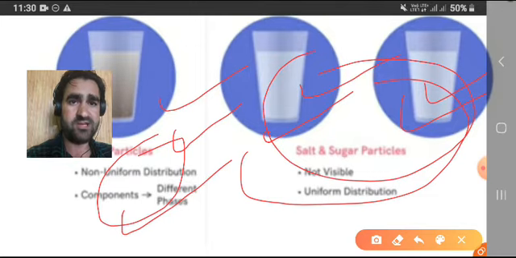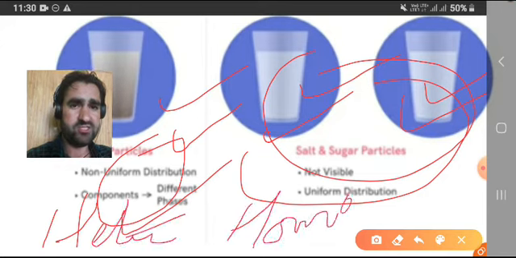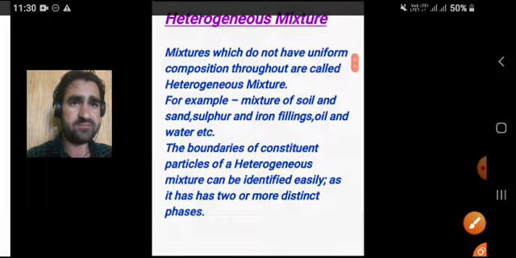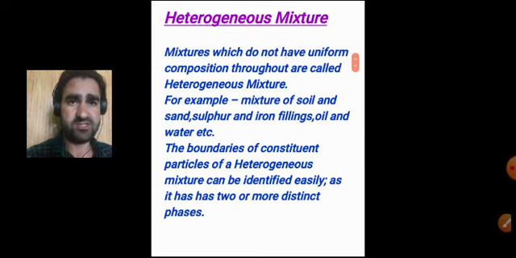The phases are visible or distinct. So this is an example of heterogeneous mixture, and this is an example of homogeneous mixture. So we have two types of mixtures, as we saw in the very first image, and homogeneous mixtures we have earlier discussed. So let us straight away come to the heterogeneous mixture.